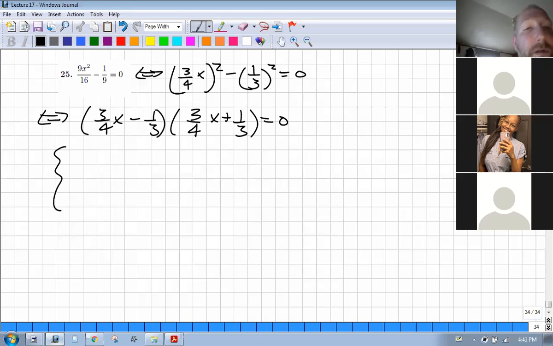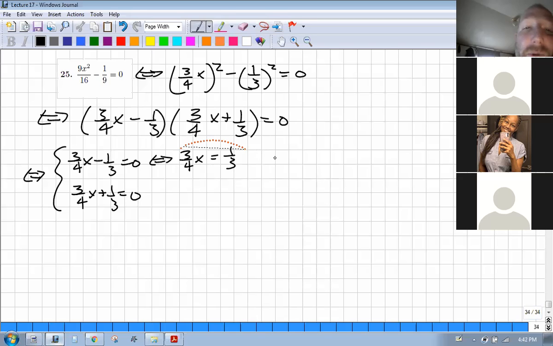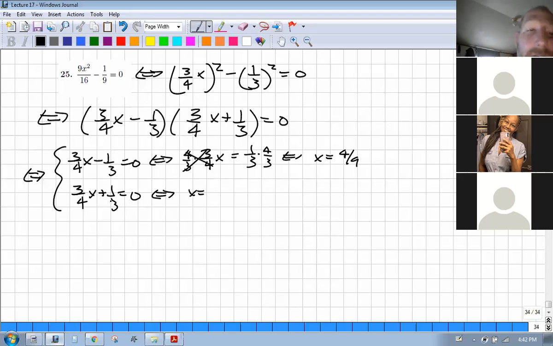So either 3/4 x minus 1/3 is 0 or 3/4 x plus 1/3 is 0. This one says 3/4 x equals 1/3. If I multiply both sides by 4/3, I have x is 4/9. Down here, it's going to look exactly the same, but it's going to be negative. I think, yeah, negative 4/9. So there's my two solutions.